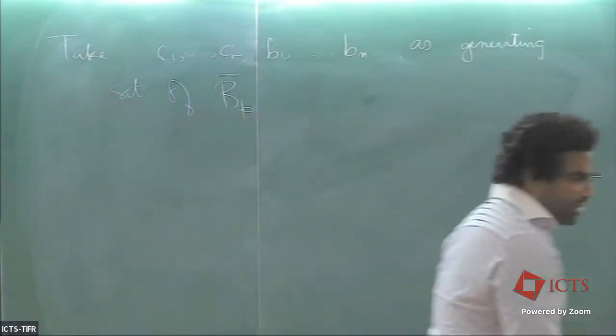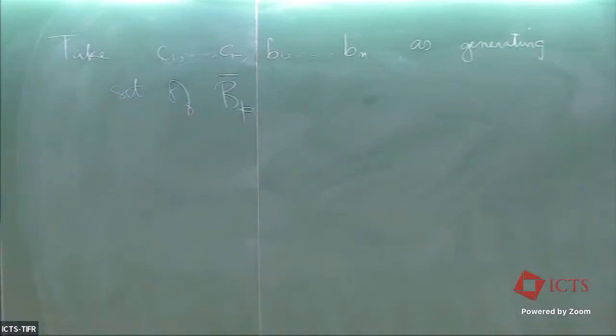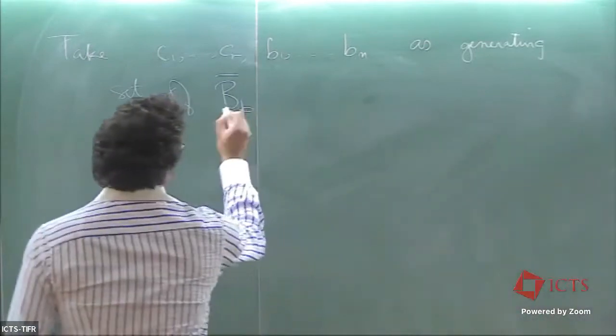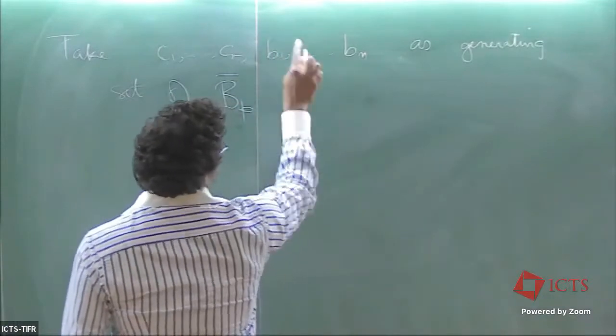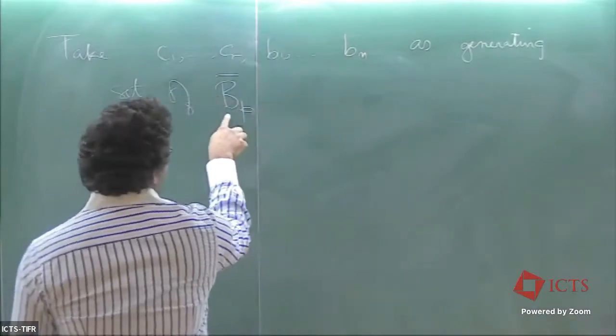Now this might look very confusing, because I said that b_1 up to b_n already generate B, so they will generate B_P bar as well. Their images themselves will generate B_P bar.